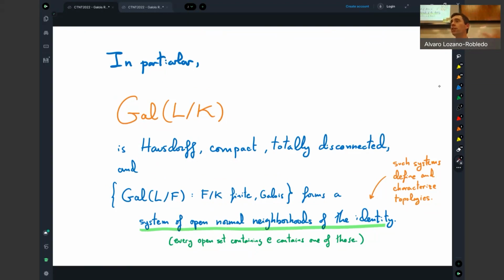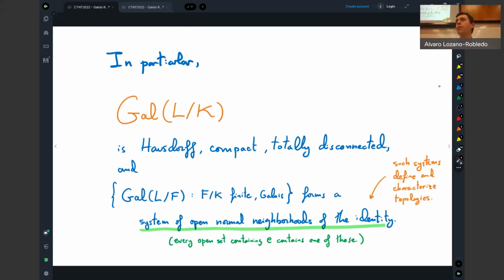And you can always do this, because the Galois closure of a field contains that field. So if you start with an open subgroup that is not normal, you can base extend to the Galois closure, and then inside it you have an open normal subgroup that is another neighborhood of the identity. So we can choose this as a system of open normal neighborhoods of the identity, which, as I said before, characterize the topology.